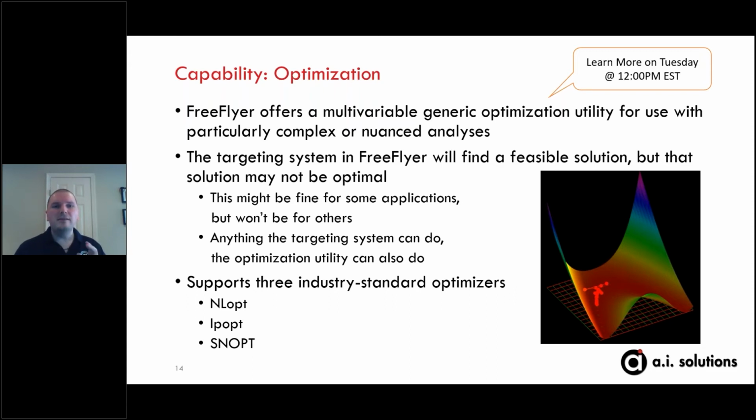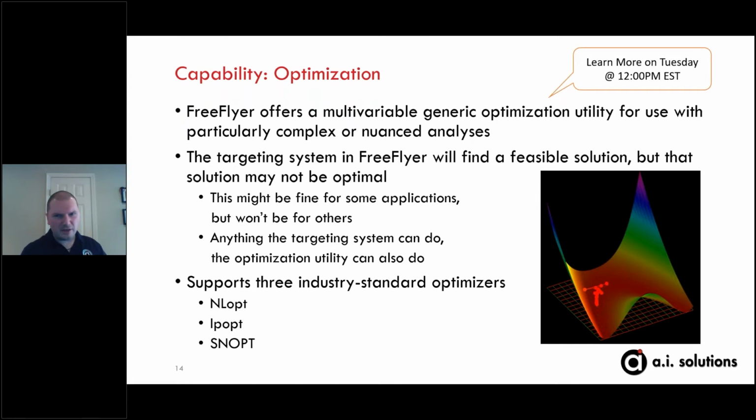Whereas the targeter will find a feasible solution, it'll find something that works, that solution might not be optimal, right? It might work, but it's not going to be the one that has the lowest fuel consumption, perhaps. It's hard to know, but we need the optimizer to tell us if it actually is, or we need the optimizer to find the actual one if the targeter missed.